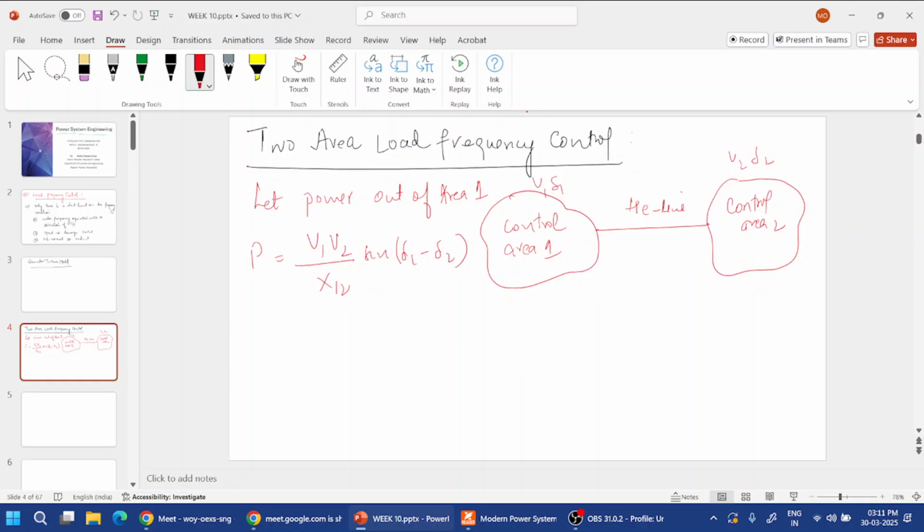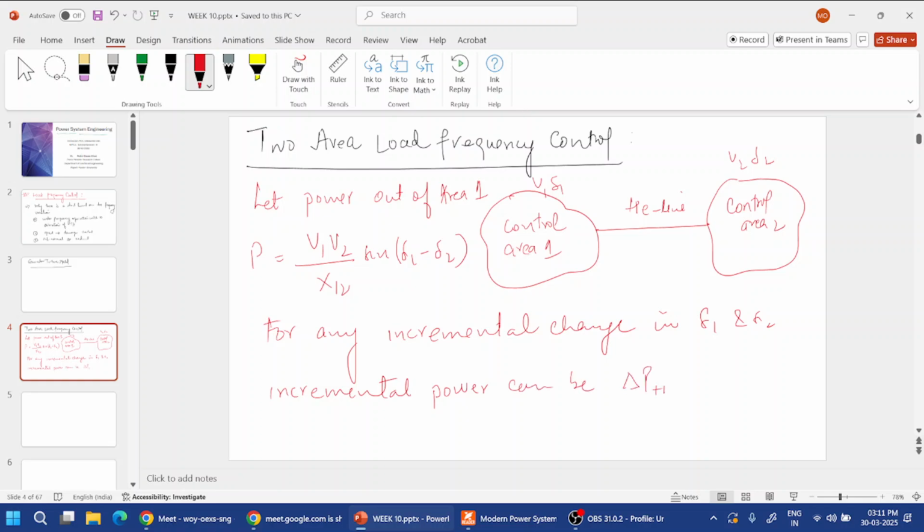Now, for any incremental change in del 1 and del 2, the incremental power, which will go through this tie line, can be expressed as del P tie.